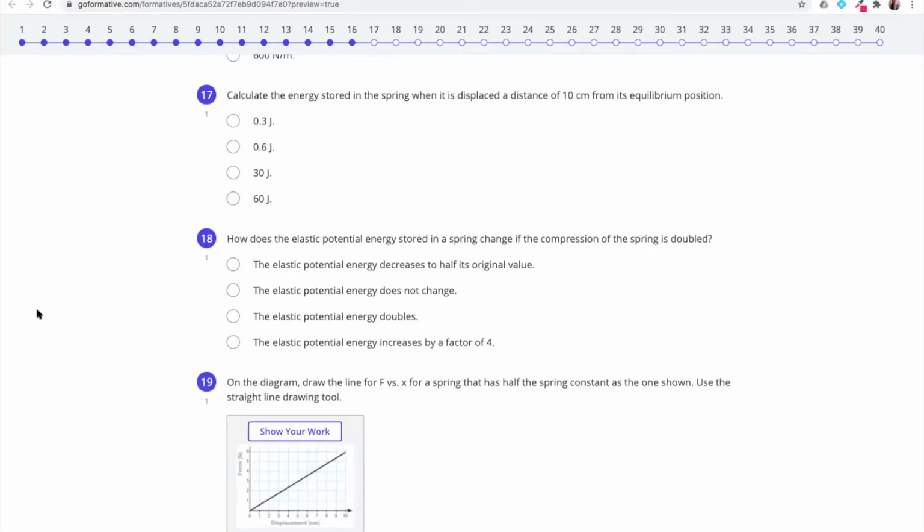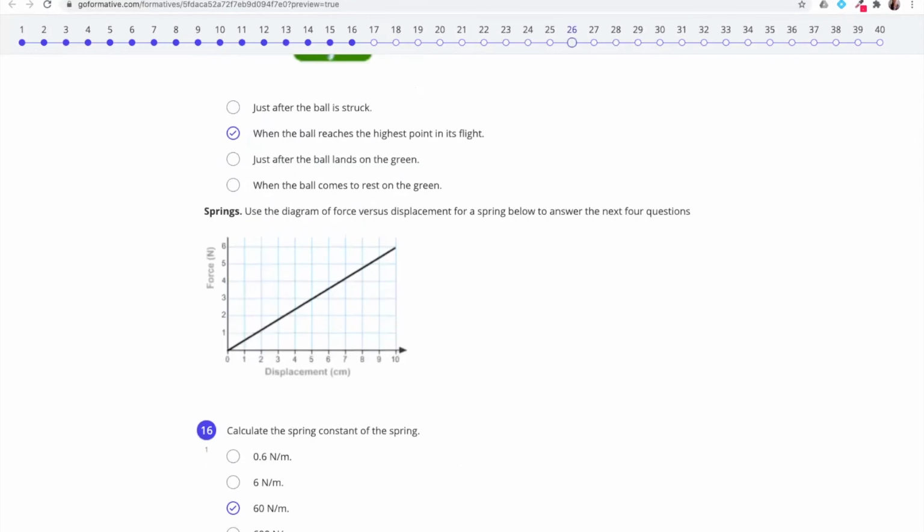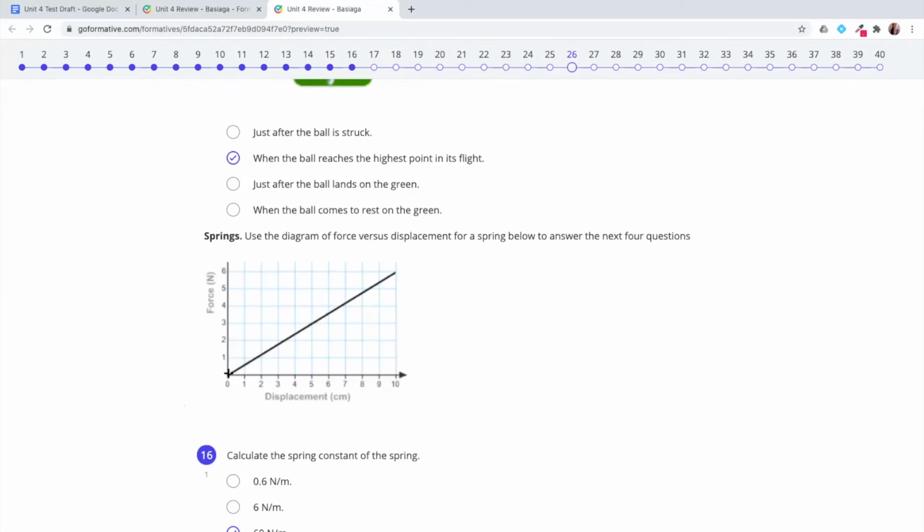For number 18, I'm going to have you think about this for a second in terms of this graph. How does the elastic potential energy stored in a spring change if the compression is doubled? Again, I'm going to show you 2 methods how to solve this. If the compression is doubled, that means the displacement of the spring goes from 10 centimeters to 20 centimeters, about here.